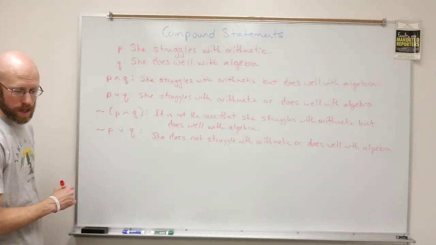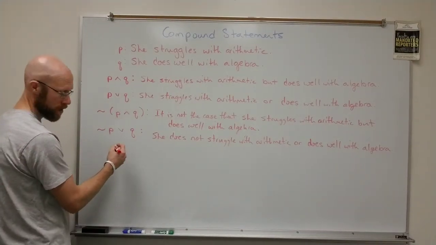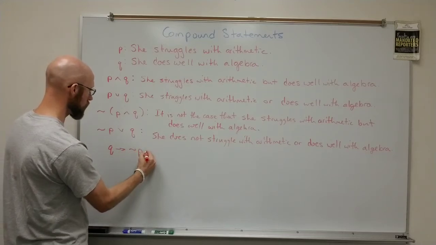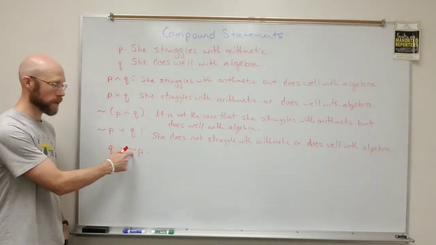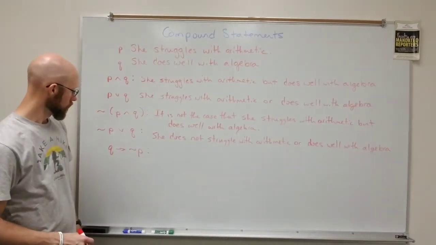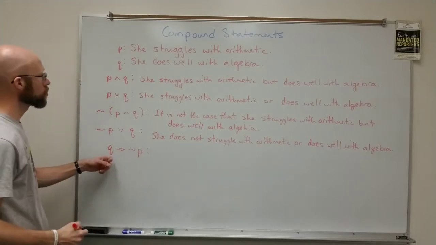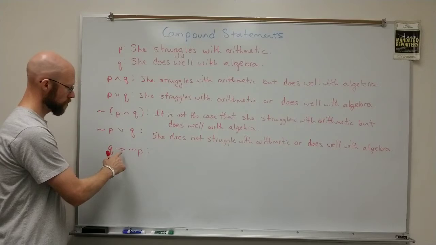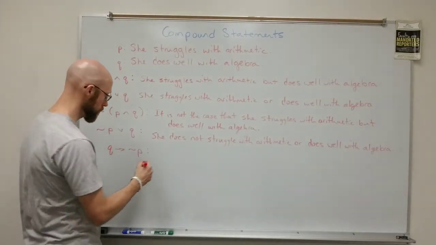All right, let's say we add in some conditionals. Let's do something like Q implies not P. Again, there's two connectives here. There's the conditional and the negation. And so in this example, Q is, she does well with algebra. So because of the conditional here, I need to start off with the word if, right?